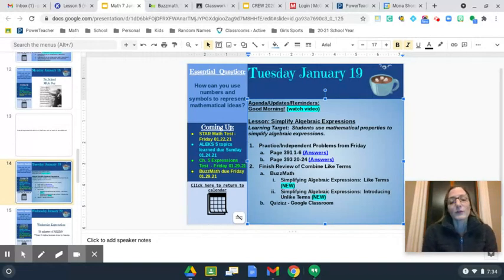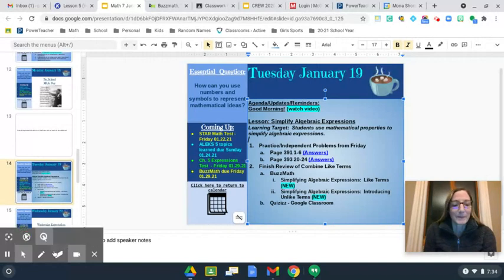If you would also like to use colored pencils or highlighters, get those out as well. If not, if you'd prefer to just use your pencil or pen to identify the terms that we're going to combine that are alike, that's fine as well. Mr. Whalen and I showed you a few different ways on Friday on how to do that. Get those supplies ready right now, and I'll meet you back on page 391.